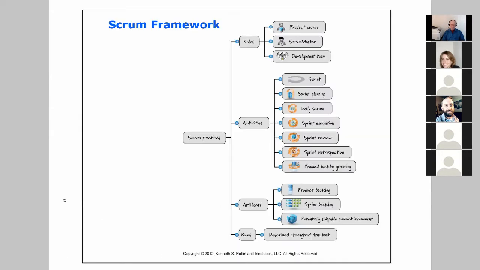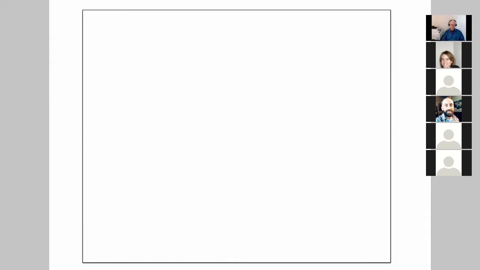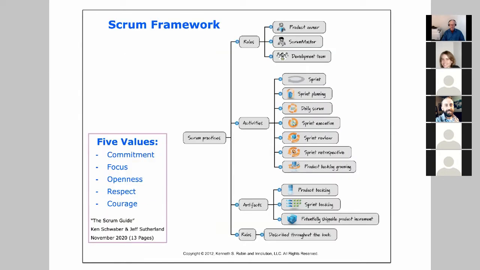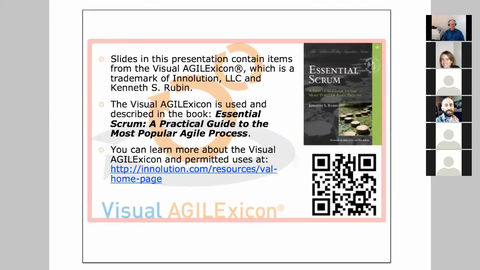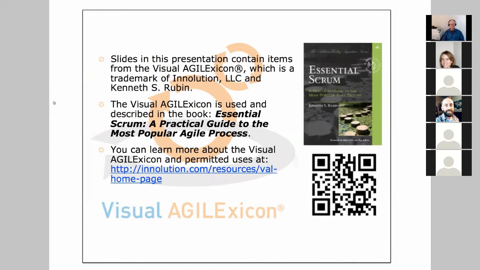All right. So these diagrams here I'm using with permission, and I just need to show this slide to have that permission. So I got a license to use his diagrams as long as I show this page from his book. So this is a really, really good book on Scrum. It's called Essential Scrum.